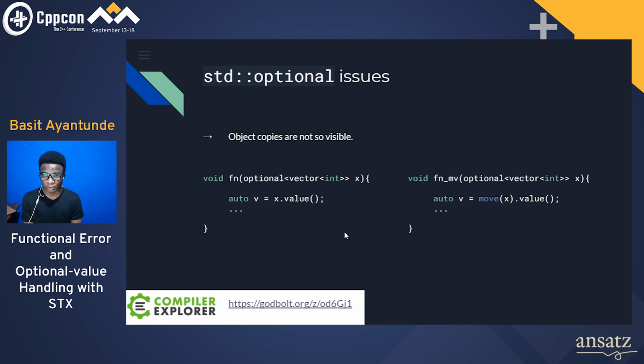It can be quite problematic, especially with no warnings about this. For the second example, we used an explicit std move just to make sure that it is not copied. The object copies aren't really visible. You can view the Godbolt link below to see what I'm trying to say here.